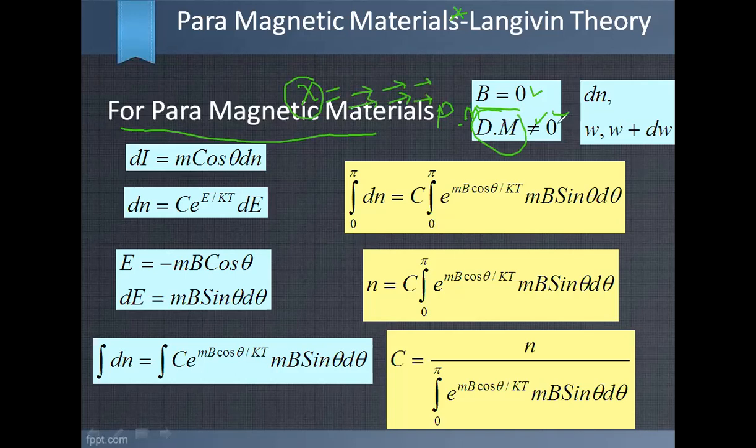So, as I mentioned, even when the field is 0 there is still a finite amount of magnetic field. Now we are going to calculate it, so note down every equation involved. The density dn is the density within the energy range W to W plus dW, or E comma E plus dE.